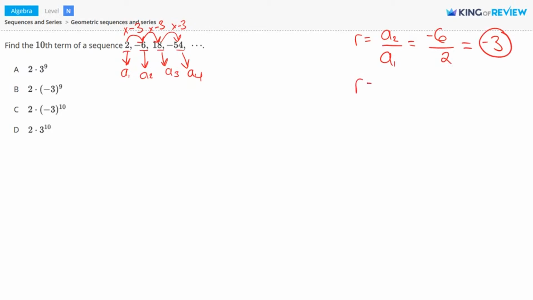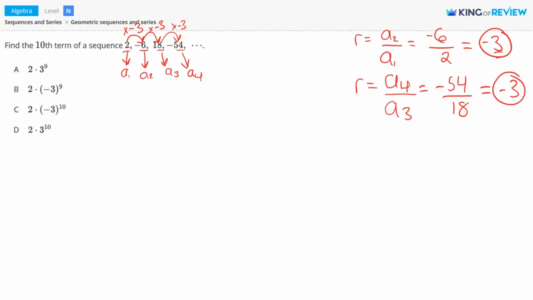For instance, r equals A4 over A3, because whichever term is in the numerator position, you must have its previous term in the denominator. So we have -54 over 18, and this equals -3 for the common ratio.